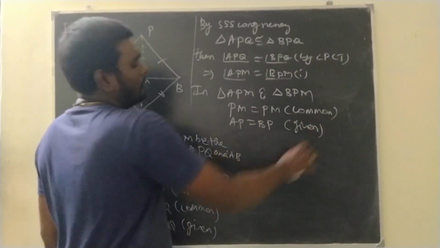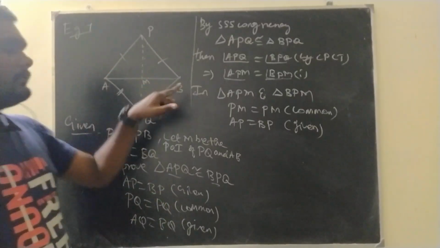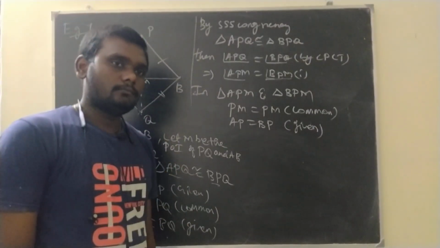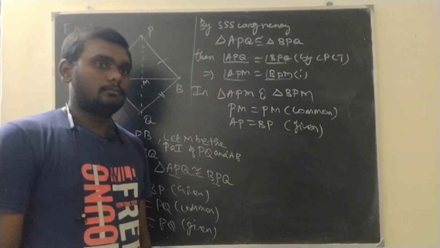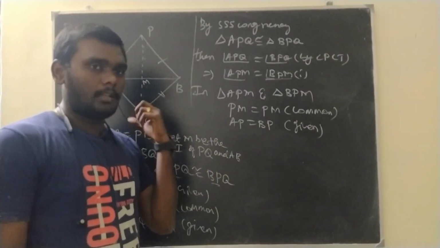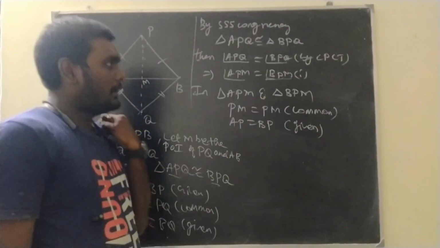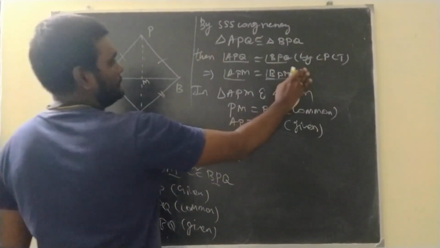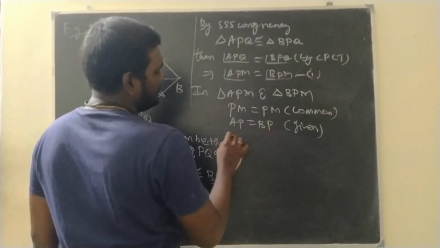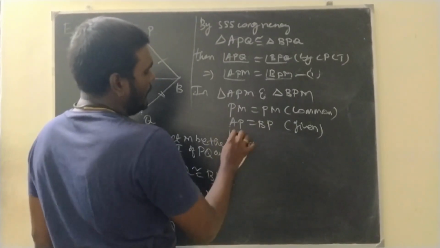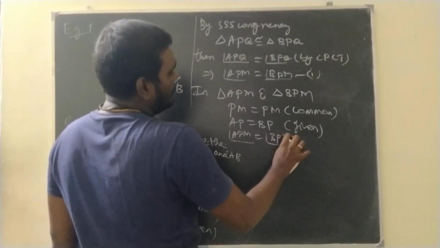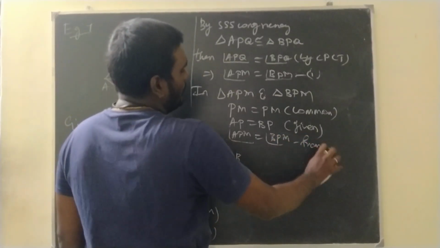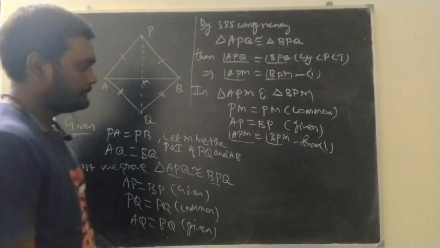Given. Shall we say AM is equal to MB? No, that only we have to prove. Okay, then the remaining part is from 1. I am naming it as 1. Then we have angle APM equals angle BPM, that is from equation 1.